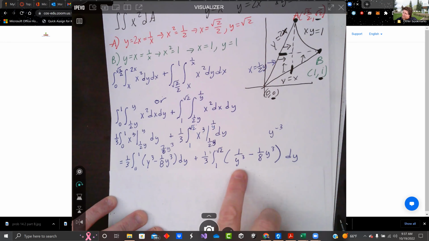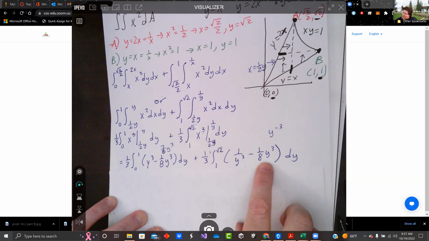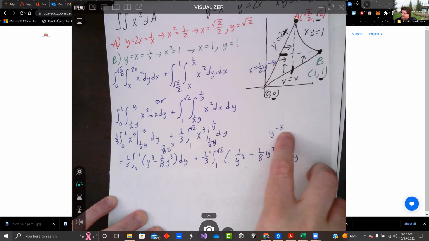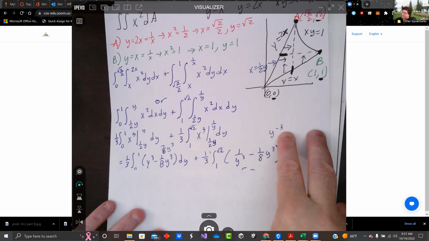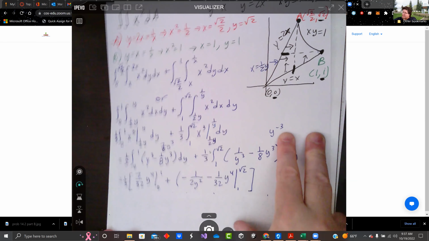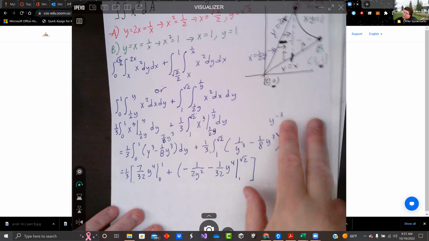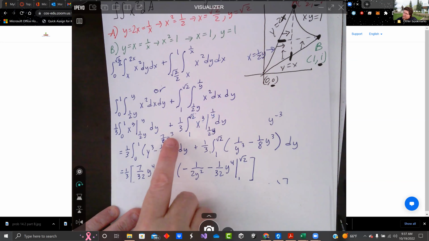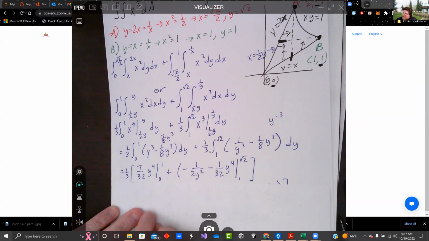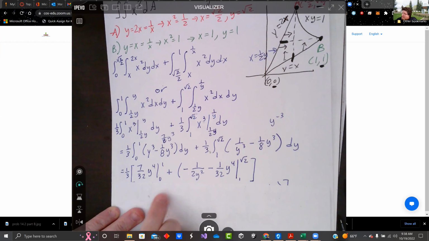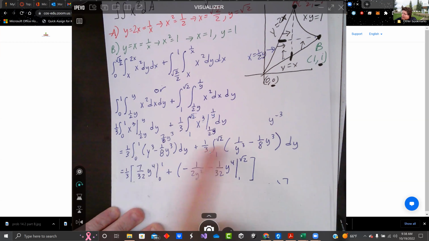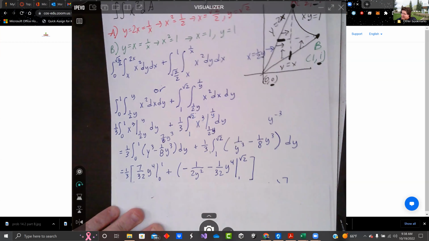And here we've got 1 over y cubed minus 1 over 8 y cubed. I just wrote this up here real quick because it's easier for me to see when I'm integrating. When I don't do it, I make mistakes. So I used the 7/8 y cubed here. When I integrated, up the power and divide by the power, we got 7/32 y to the 4th from 0 to 1. I factored the 1/3 for all of them outside because I wanted to add it last.